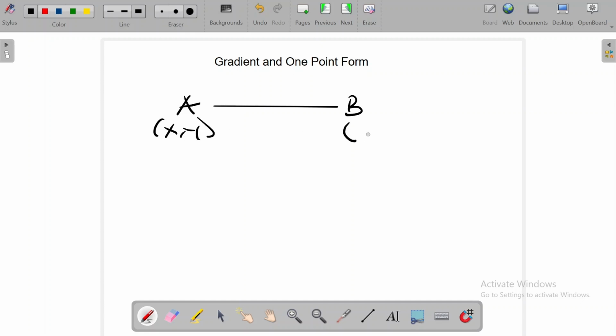This also has a coordinate x, y. Now, this can be UK as a place, this can be Germany or France, whatever. So the midpoint between A and B is called the midpoint of the line, which also has its own coordinates.